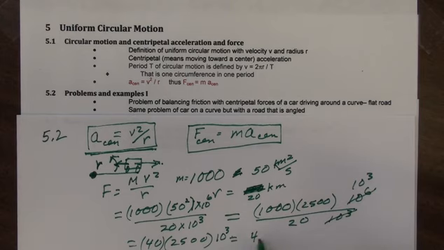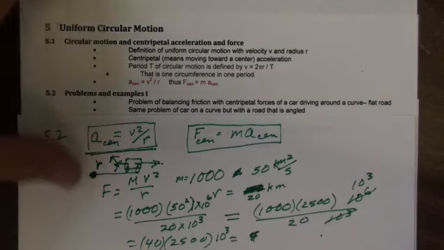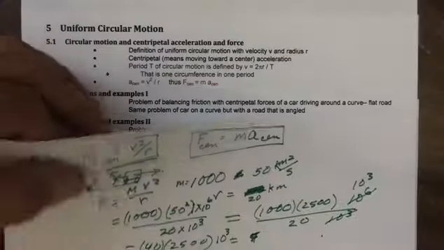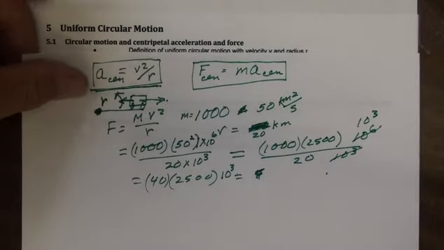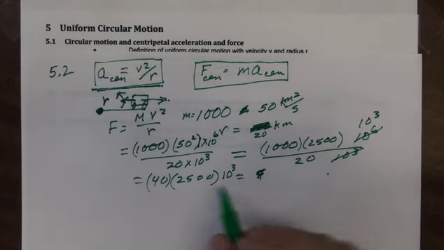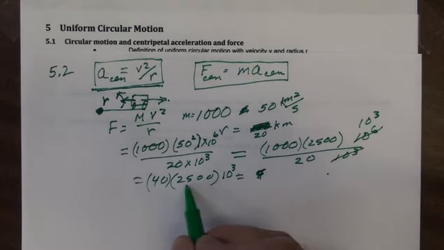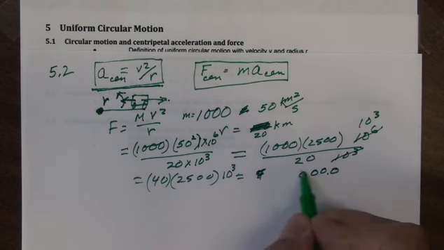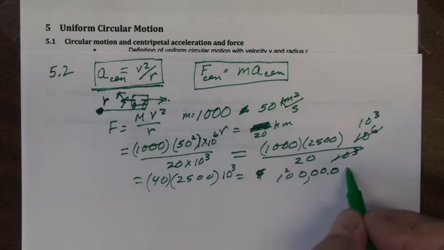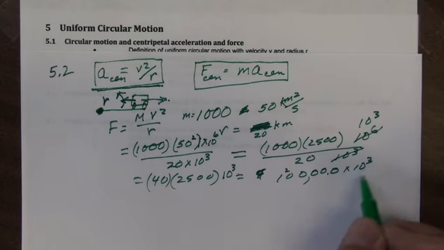So that would be equal to, let me move this paper up a little bit. That would give us 50 times 2,500, which is 125,000, times 10 to the third.